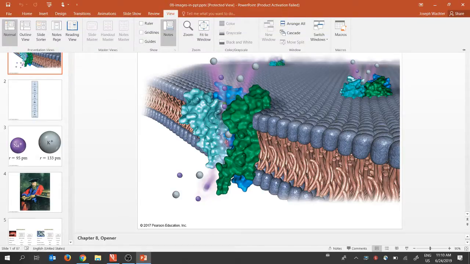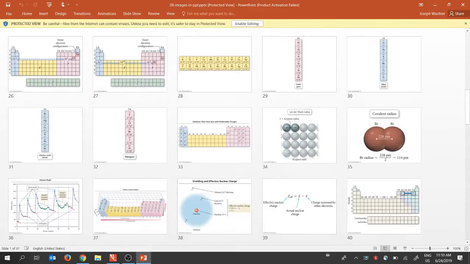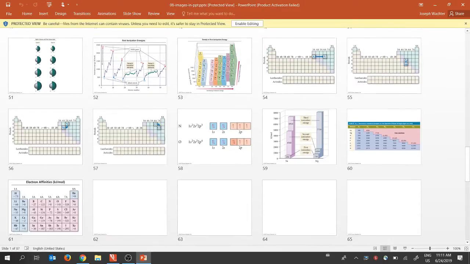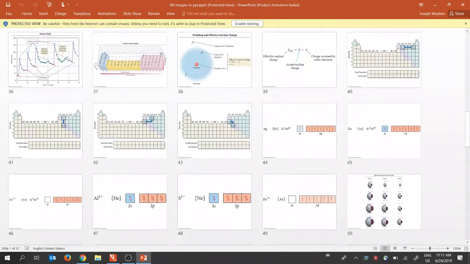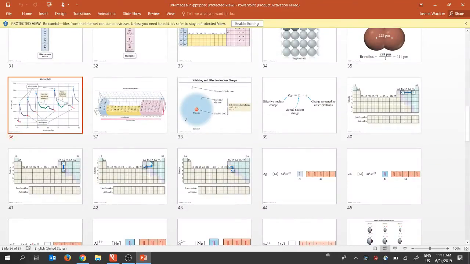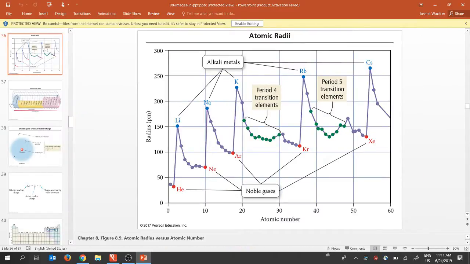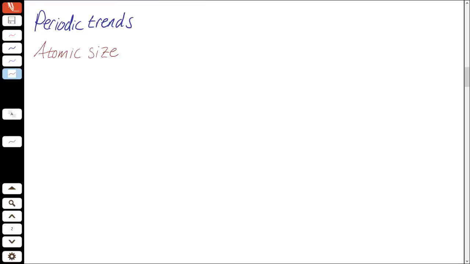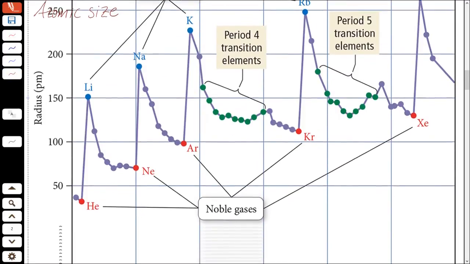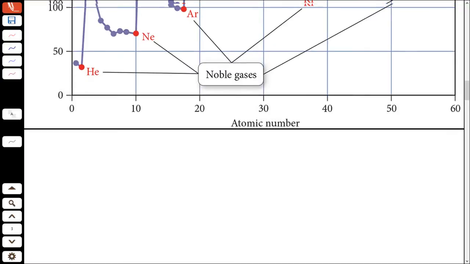So let's see what we actually have for periodic trends for atomic size. I'm going to put this in the notes because we're going to talk about it a bit.